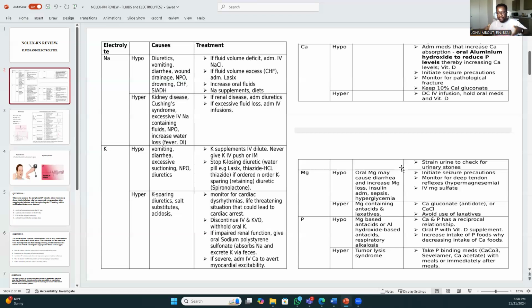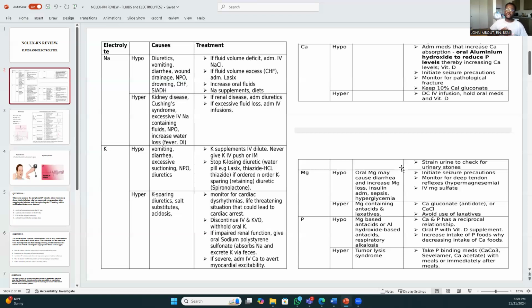You start a magnesium infusion. Maybe the value is too low, right? But there can be a consequence. When you over-infuse this magnesium, it gives what they call hypermagnesemia, which you will have to monitor. If you start noticing that this patient has loss of deep tendon reflexes, you have to stop this infusion. This is a sign of hypermagnesemia. Very, very important.